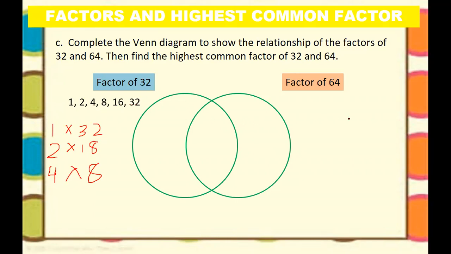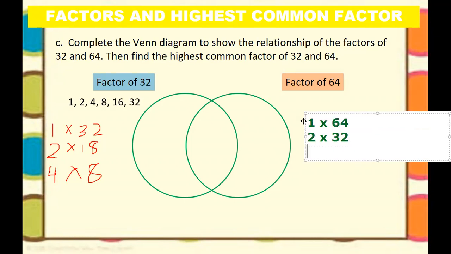Let's find the factors of 64. The factors of 64 are 1 times 64, 2 times 32. Do we have 3? We don't have 3, but we have 4 times 16. Do we have 5? No, we don't have 5. So we move to 6. Do we have 6 times?